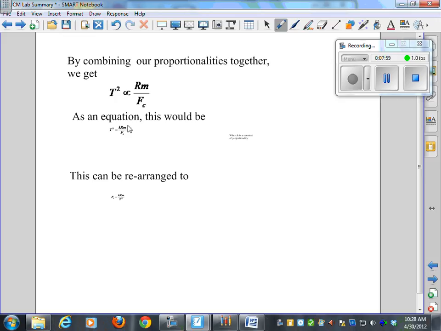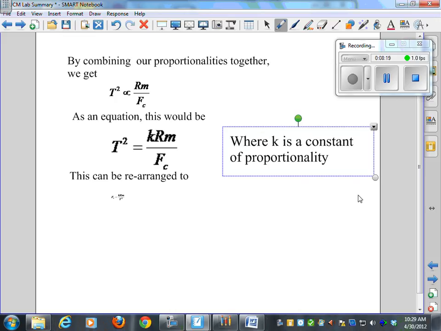Now, to make that into an equation, you remove the proportionality and insert the letter K. K is for constant. K is called the constant of proportionality.